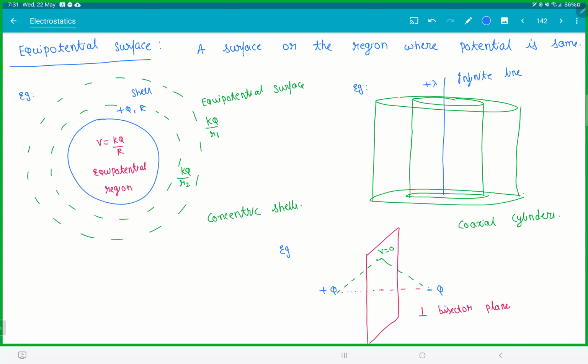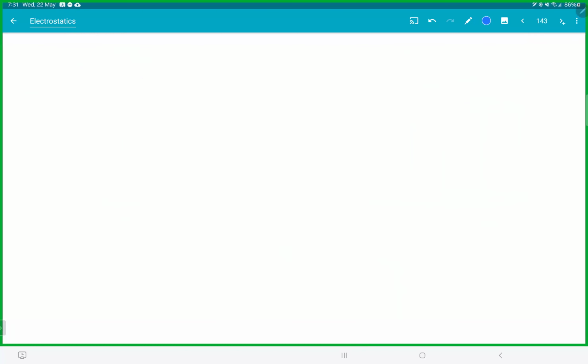So, what are the properties of equipotential surface? This entire thing, field and potential, exactly the same thing you will see in gravitation. Nothing changes because the symbols are same.